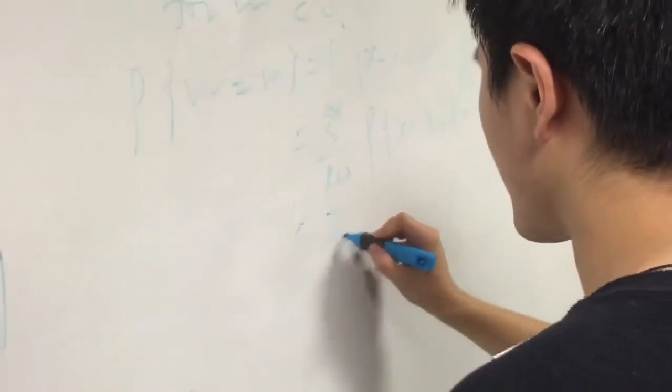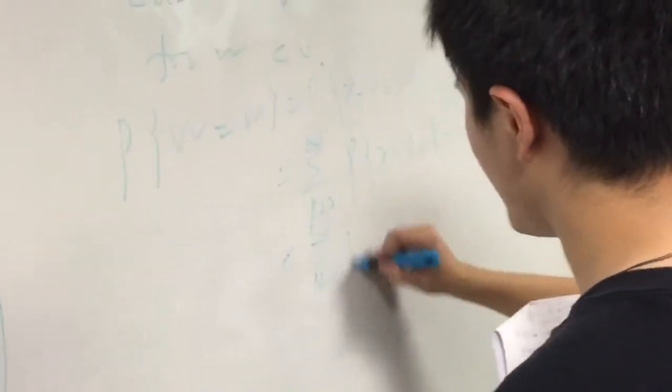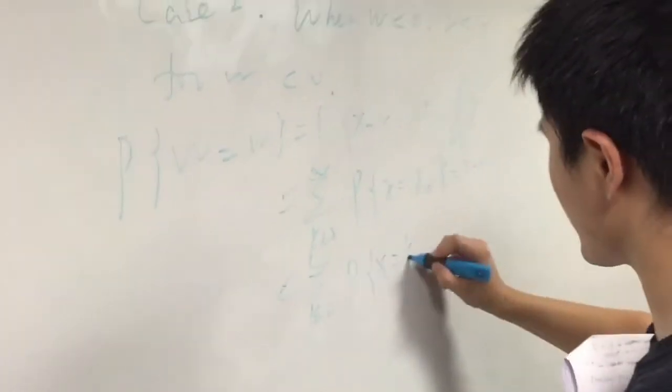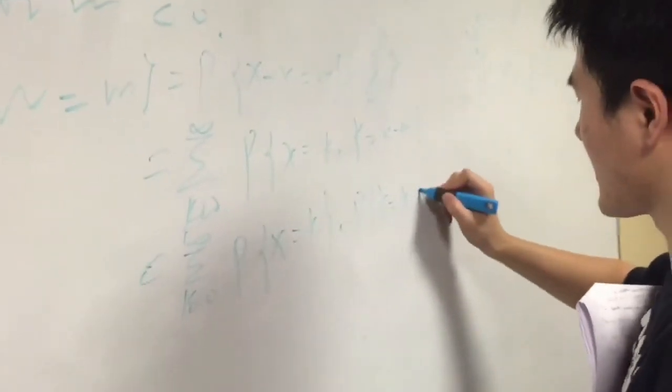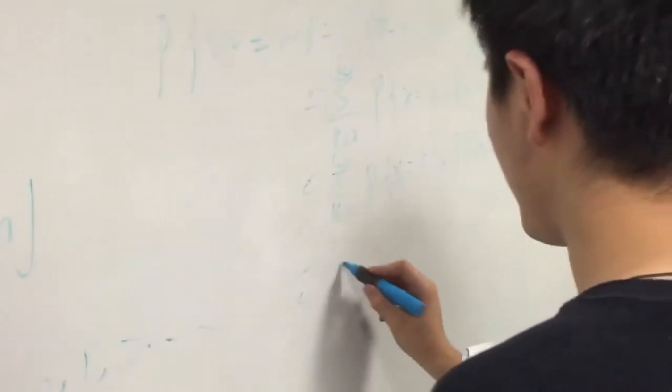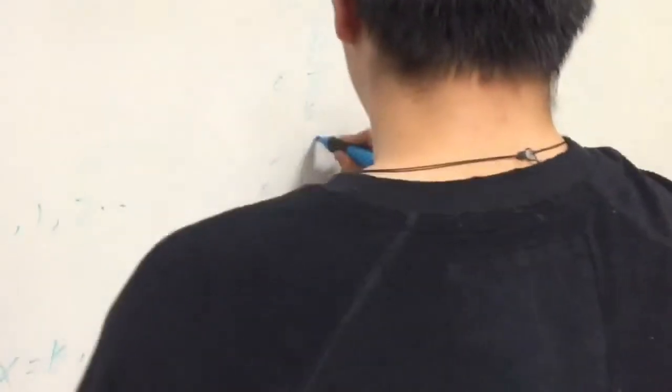Since they're independent, we can get the sum over k from 0 to infinity of P(X = k) times P(Y = k minus m).